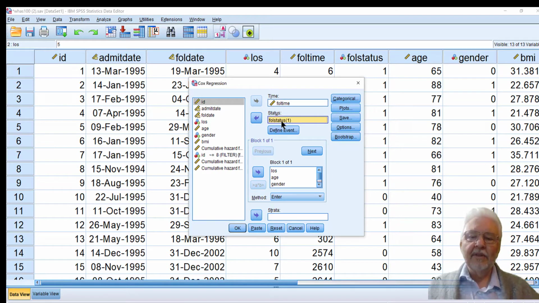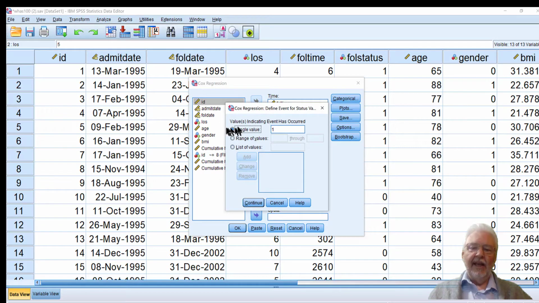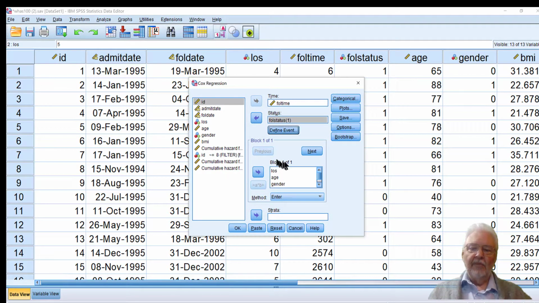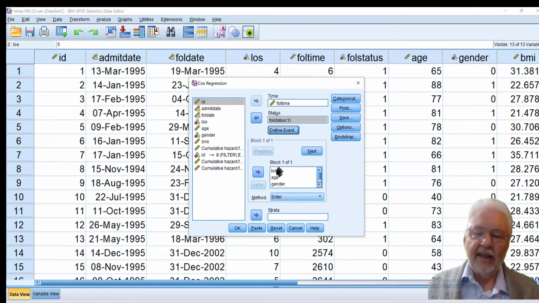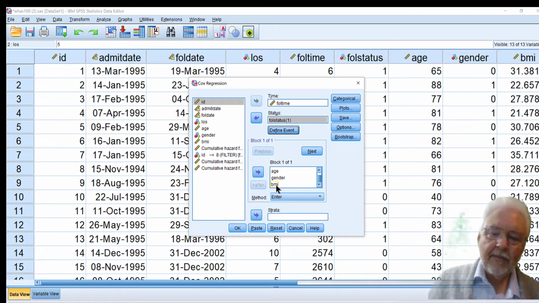Now, we need to define when the event occurs and what the value of it is. It's going to be a single value, and it's a 1. Then we have our independent variables: hospital length of stay, age, gender, body mass index.